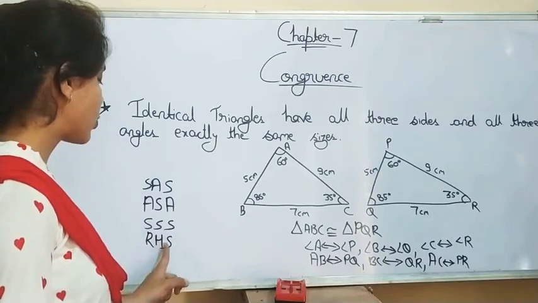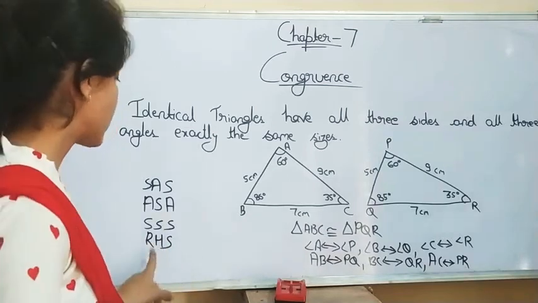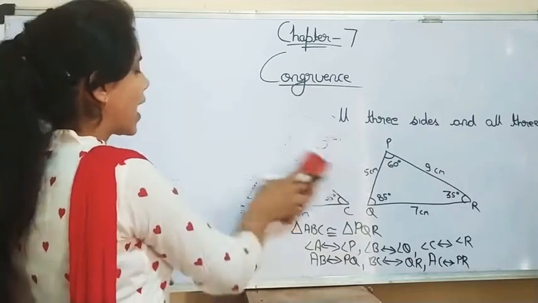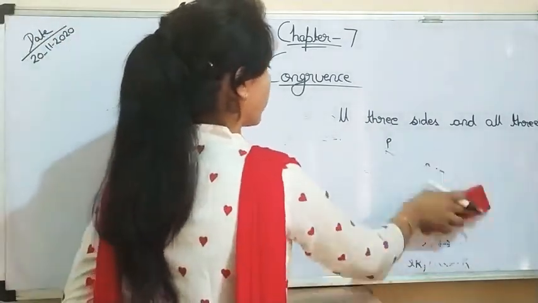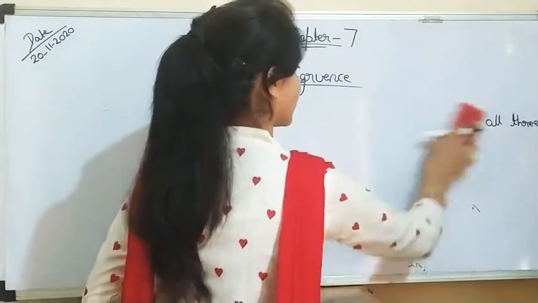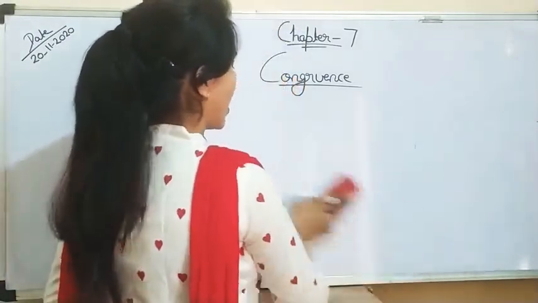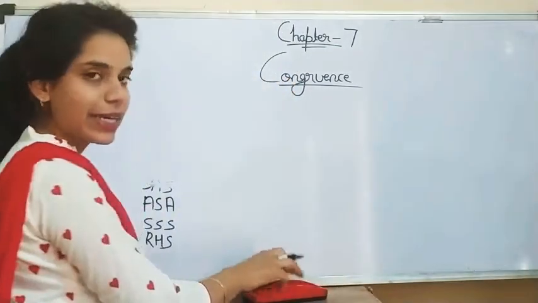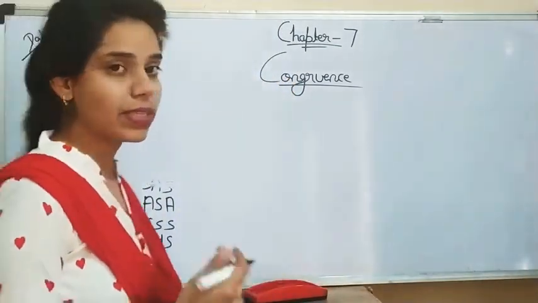RHS, right angle, hypotenuse, side. So let us discuss this condition, RHS. What is meant by right? Right means which makes a 90-degree angle. Hypotenuse means the side opposite to the 90-degree angle, and one more side.